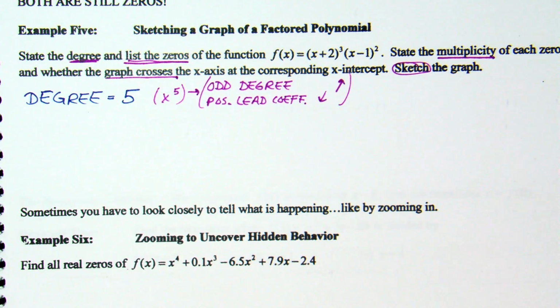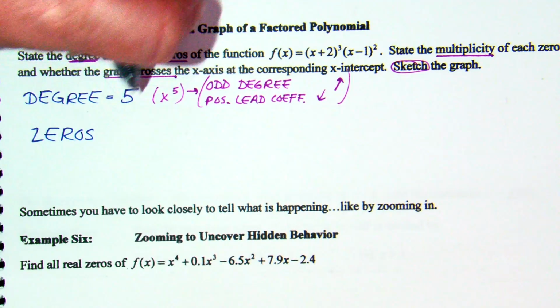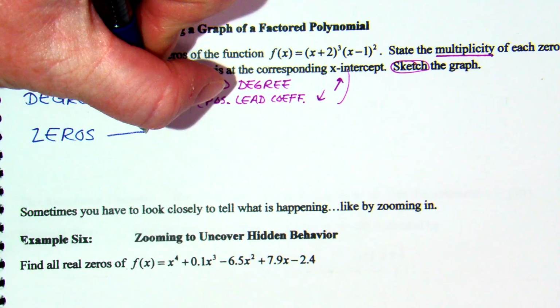Okay. We talked about the degree. It also asked us to list the zeros. Okay, what are the zeros of this problem?